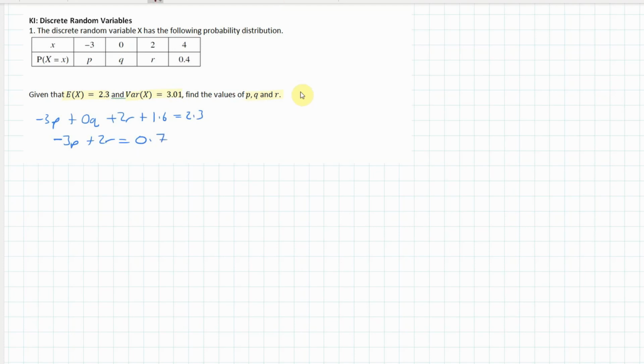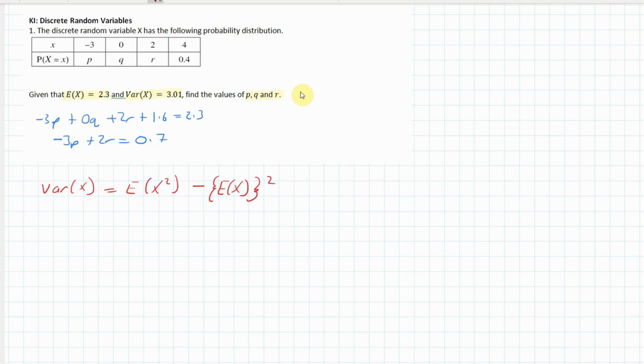Now Var(X) is this. Var(X) is equal to E(X squared) minus E(X) all squared.